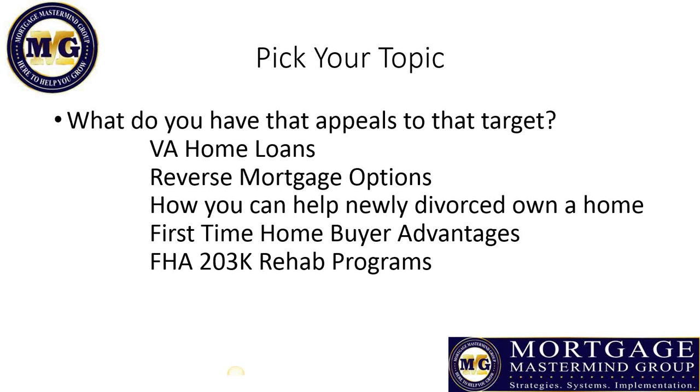So your target and your offering match each other, and it's important to make sure you're putting out something that appeals to the group of people you're targeting. That's the important part of coming up with your content: knowing who your target is and what you've got that appeals to them.